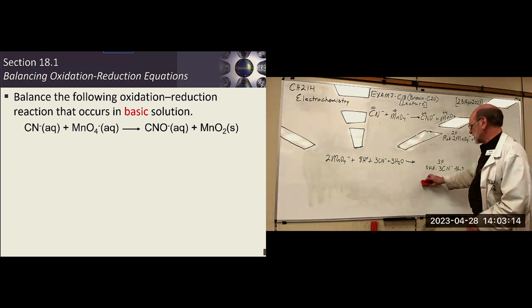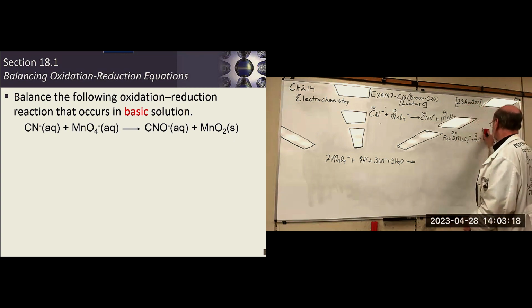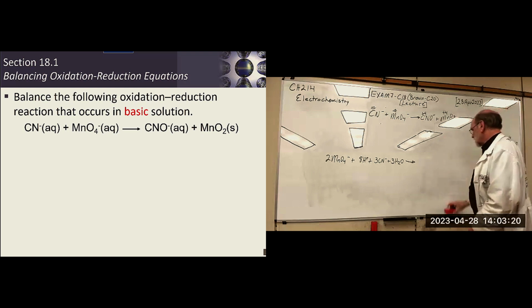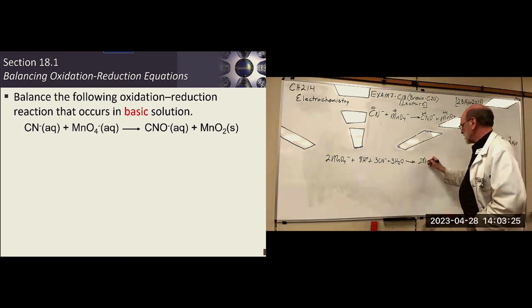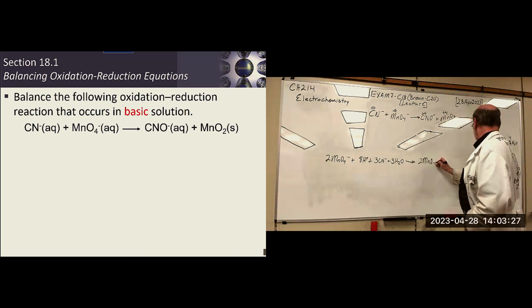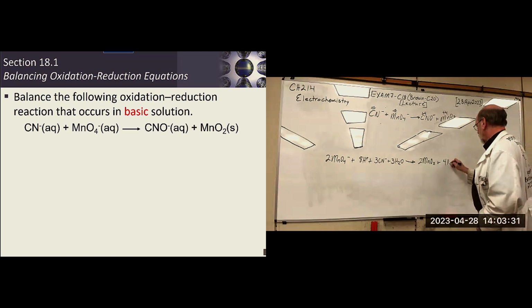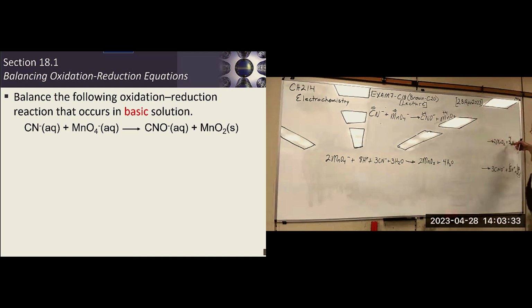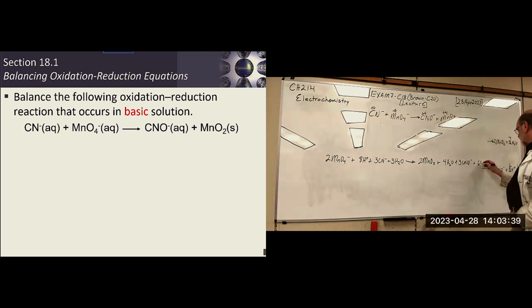Let's see, I'm going to have to erase these to give me room. We got this side of the equation done. So I just need to bring in this side. 2MnO2 plus 4 water. And then 3 CNO minus plus 6 hydrogens.